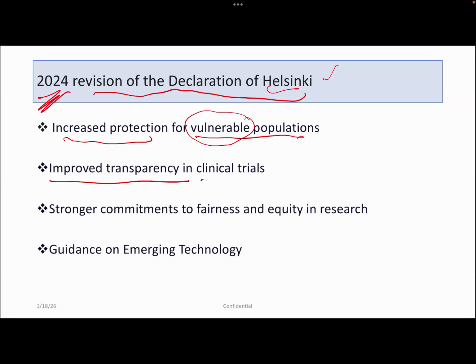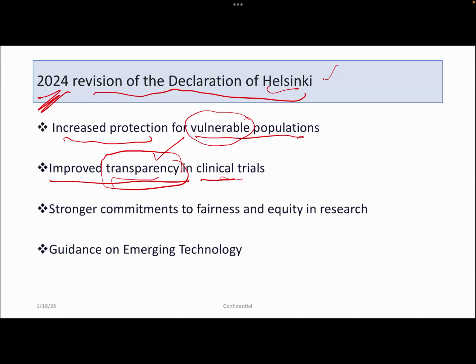Improved transparency in clinical trials. This is gaining a lot of importance in late years. Transparency means that for all the research you are planning, you share it at the time of protocol, and once you have the results, please share them with the general public. This is gaining a lot of popularity by law. Suppose some pharma company, say Pfizer or Novo with this Ozempic medicine, very popular, has done some very important trial.